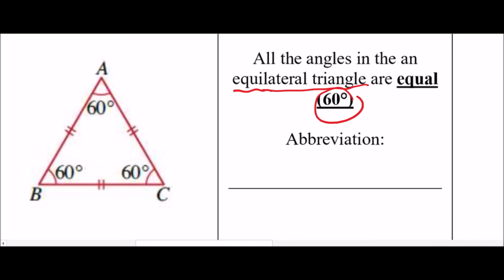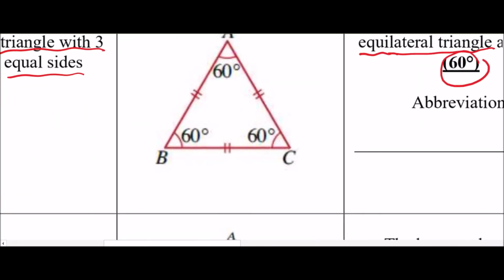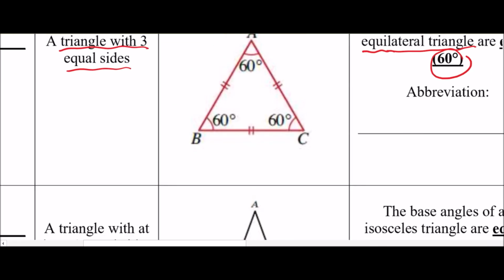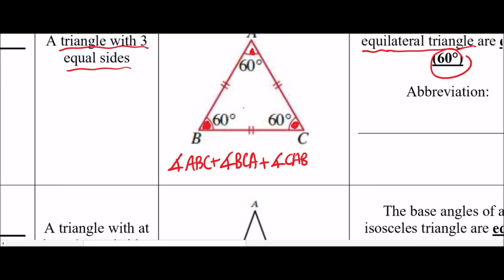And you do know why. Why is it that they are all equal to 60 degrees? Because they are all the same size. So if I call it angle ABC, which is this one over here, plus angle BCA, which is this one here, plus angle CAB, which is this one over here, it equals 180 degrees.